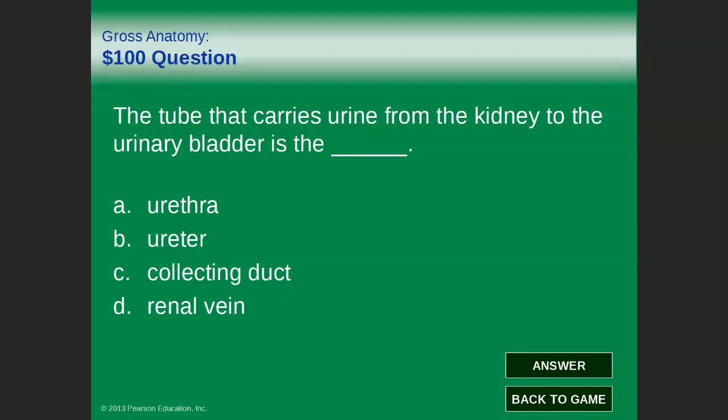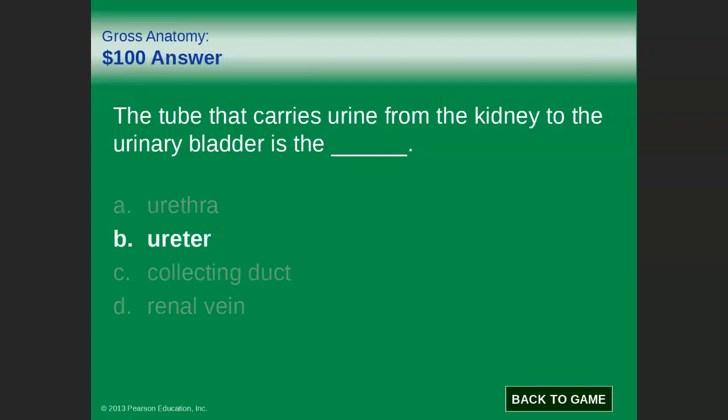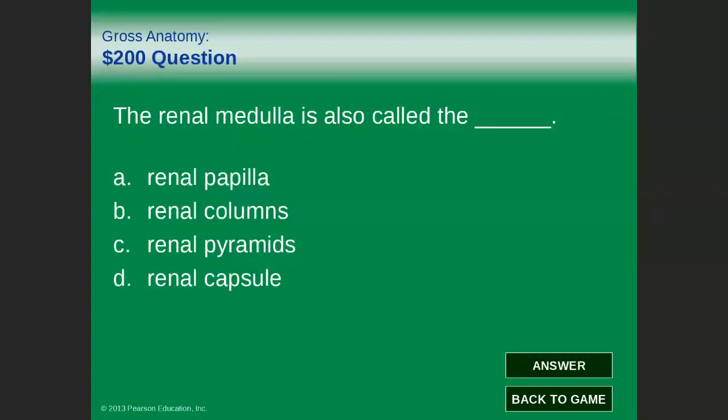Anybody? Yeah, ureter. Very good. Got one brave soul there. The renal medulla is also called what's located in the medulla? Renal pyramids.